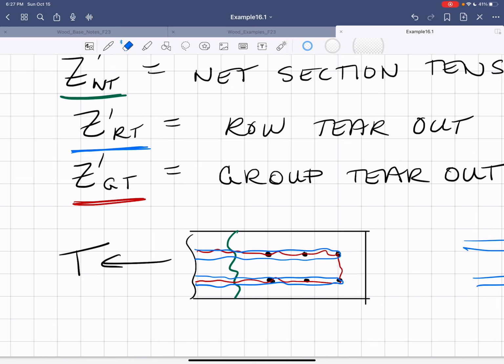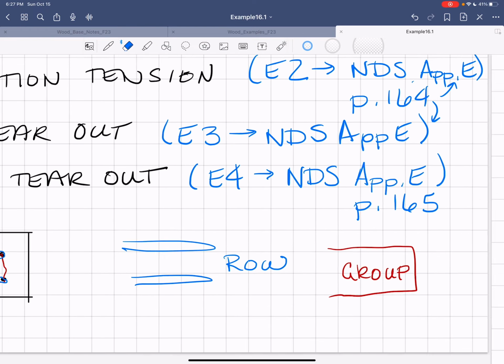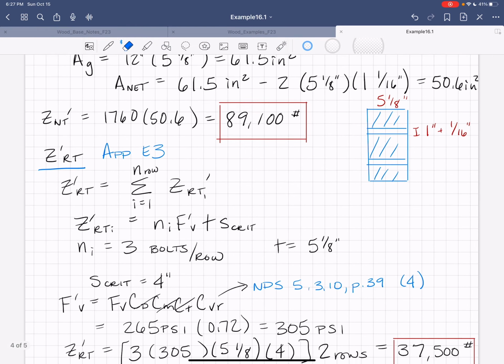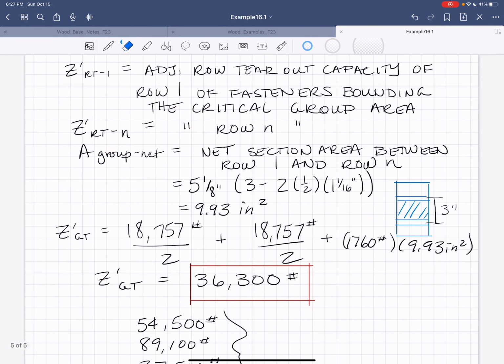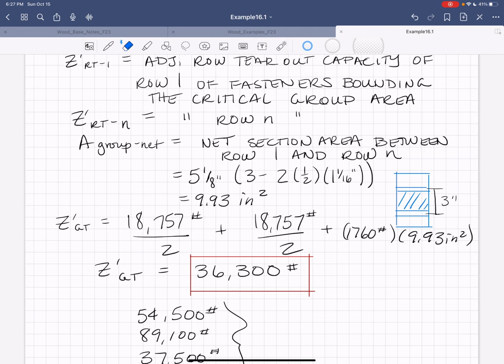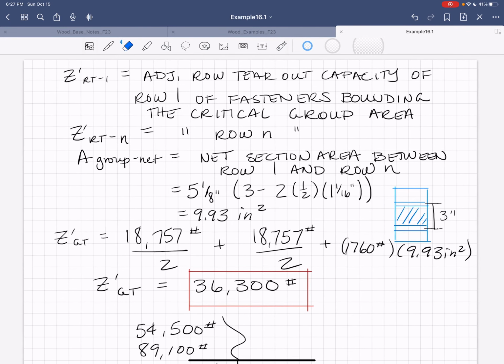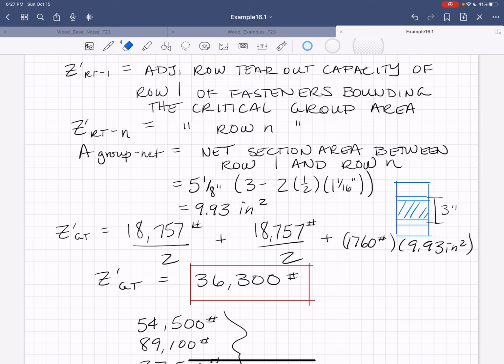If I'm looking at my member here, the red is the net tear out or the gross tear out of the group, where the red line goes through. So it's row 1, and in our case row 2 is row N, which we've looked at each of those, and they're both the same. They're both 18,757. So we just plug those two 18,000s into the equation, but I also need the A group net.